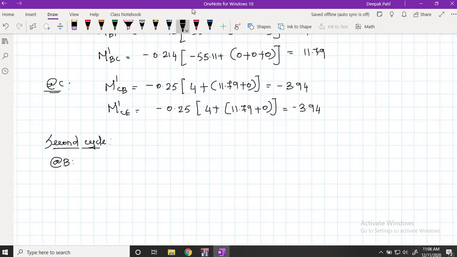Now I am in the second cycle at joint B. Let me start with M dash BA. The same sequence that you followed in the first cycle, you have to follow. You should not change the sequence. The rotation factor is minus 0.143. The summation of fixed moment is minus 55.11.